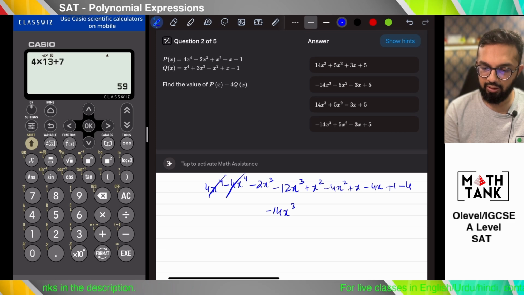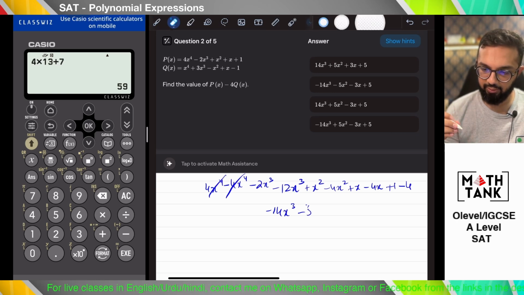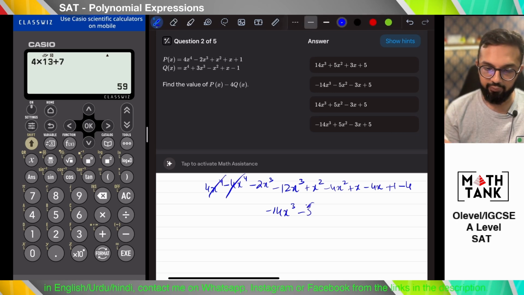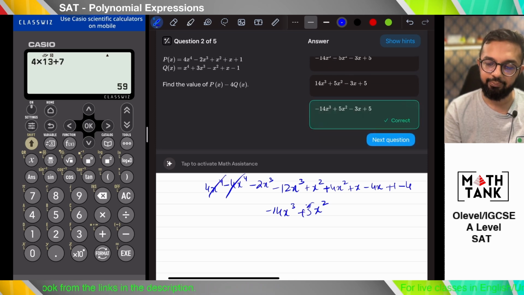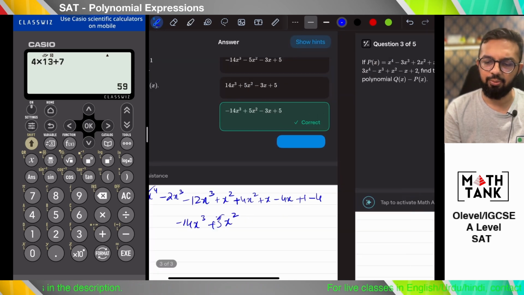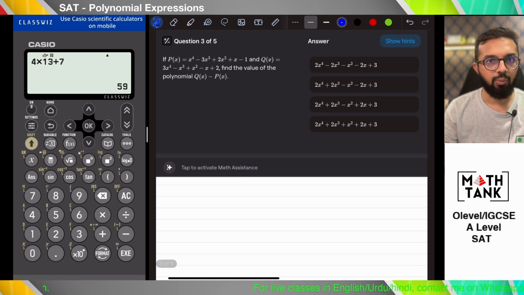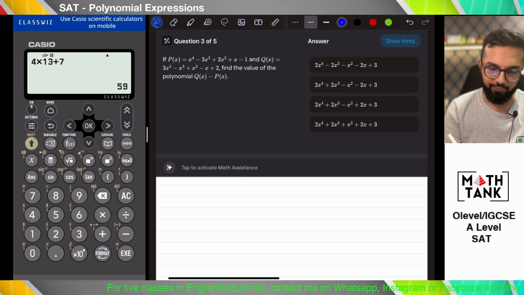That's either B or D. Minus, should that be minus 3x squared or something else? It should be 5. So I've probably made a mistake somewhere. Okay, so that should be 4. So plus 5x squared. That should be the correct answer then. You see, doing it term by term sort of helps me so that I don't get one wrong answer at the end. I just figure it out in the middle of this question as well.